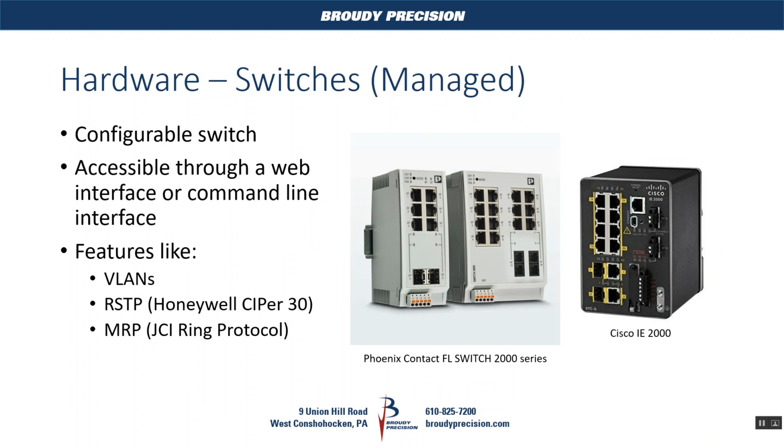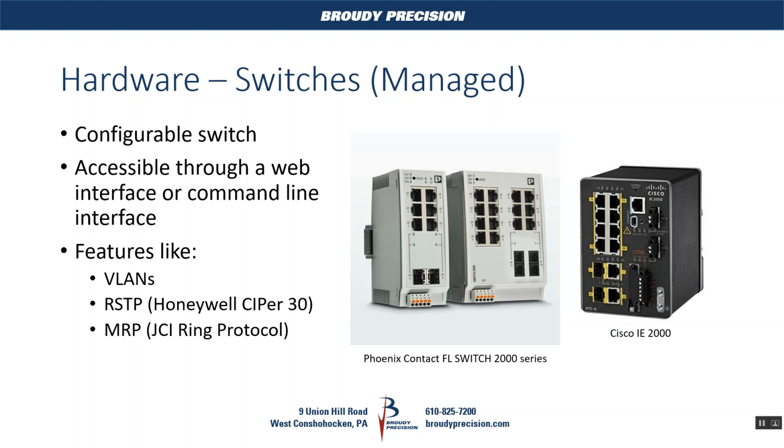Now if we look at the other flavor of switch, we have a managed switch. This gives you a wide variety of additional features that you can make use of that, depending on your needs, may be very helpful. Things like VLANs or rapid spanning tree, which is what Honeywell uses for the Cyper 30 to get a ring topology, or MRP, which is what Johnson Controls uses as their ring protocol on their IP controllers.